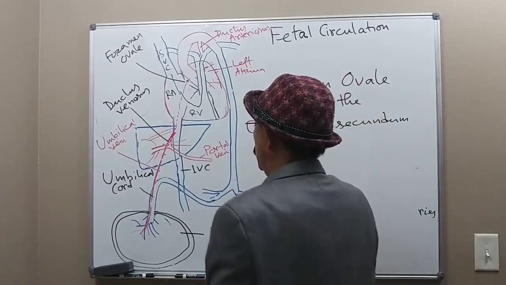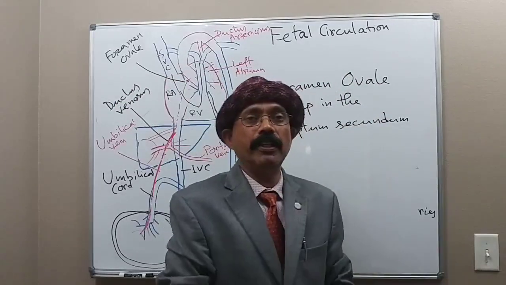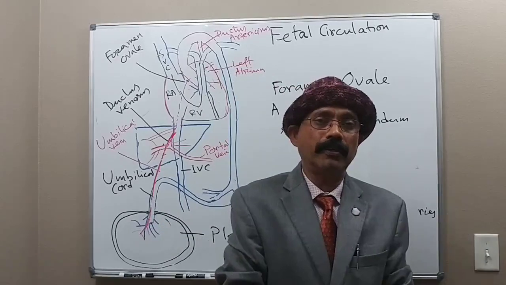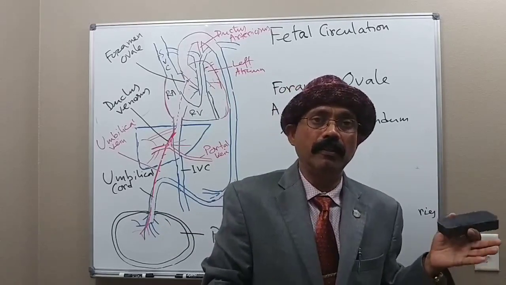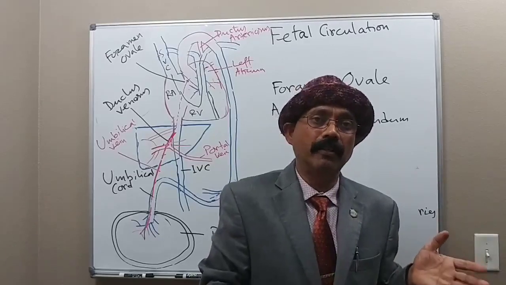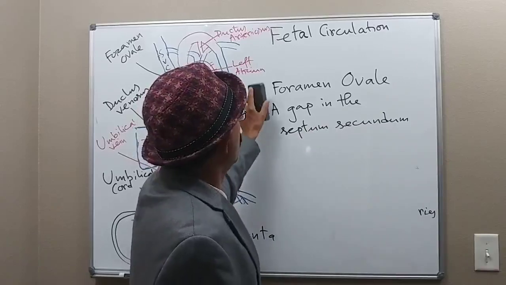So we have the foramen ovale that is present in the interatrial septum. That represents the gap in the septum secundum in the interatrial septum.